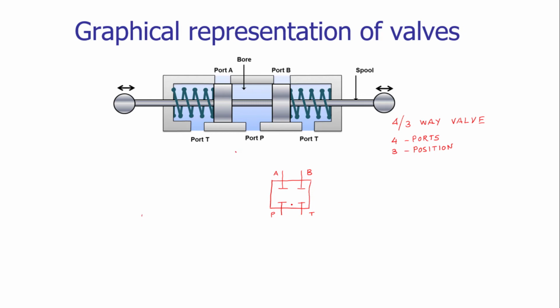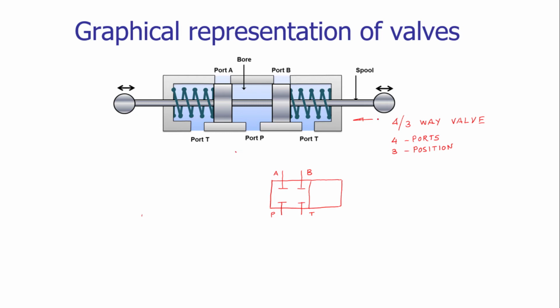But let us consider that when we give the movement from the right towards the left, so what will happen? If I move the spool from right to left, we are changing the position of the spool, so let us add a square.